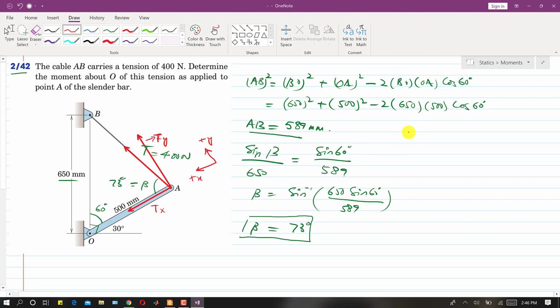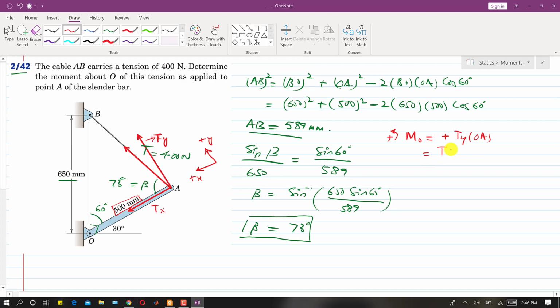Now to find the moment about point O, let's assume that the counterclockwise direction is positive, right? As we can see, this T_y is producing a counterclockwise moment, and the perpendicular distance is this 500, this OA length, right? This is the perpendicular distance between T_y and point O. So I will write plus T_y into OA, right?